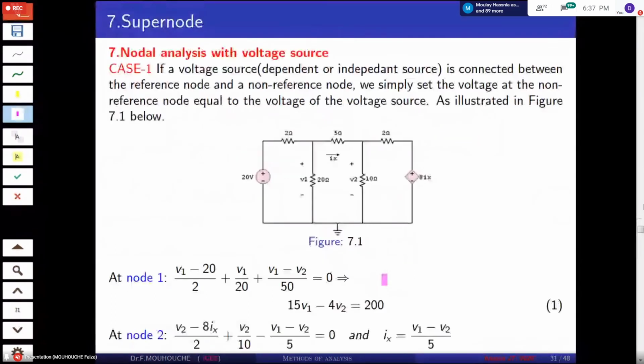Okay, we will continue nodal analysis. Nodal analysis with voltage sources is the same as mesh analysis with current sources.